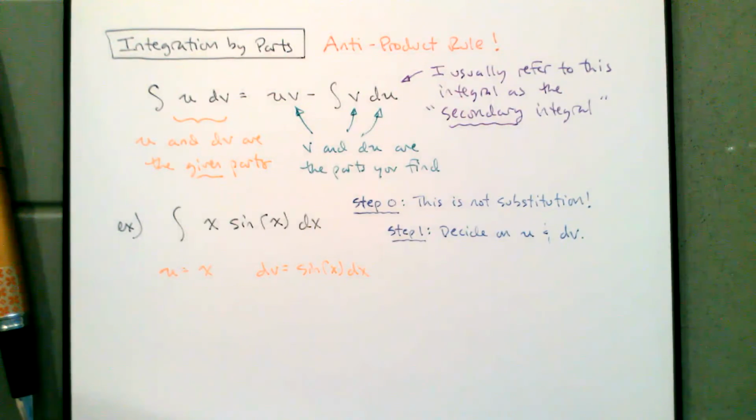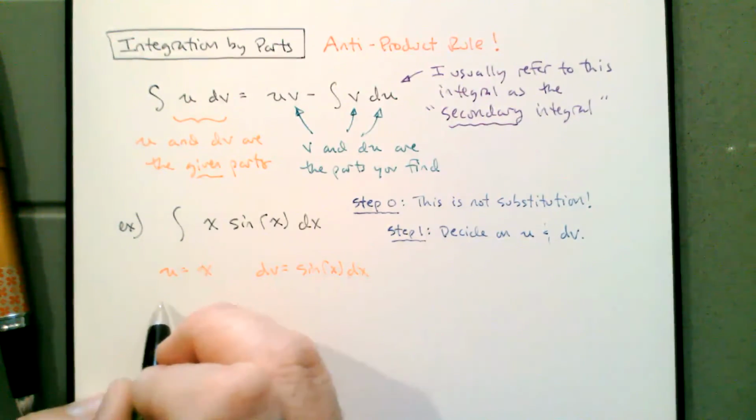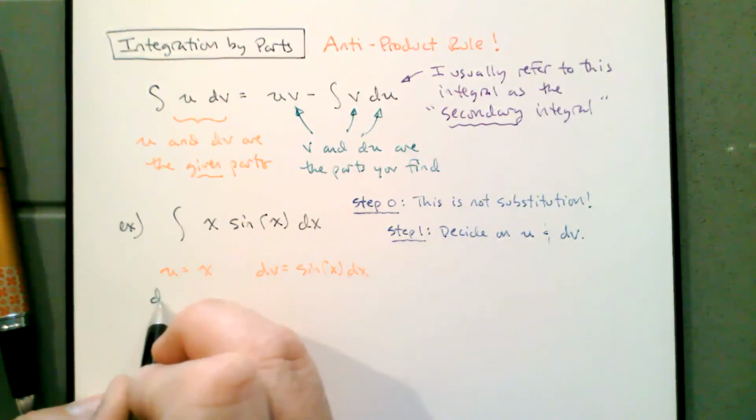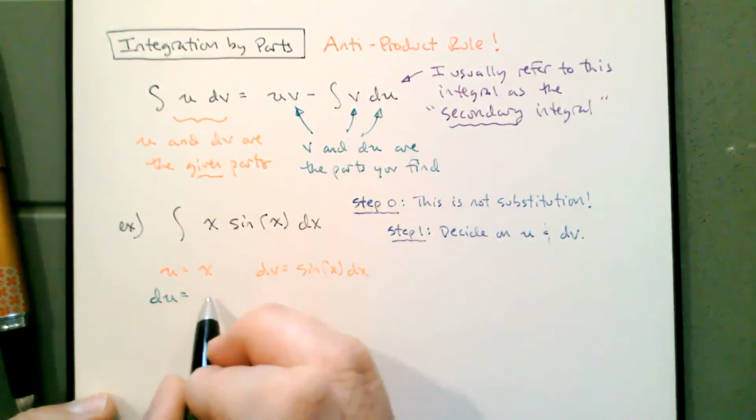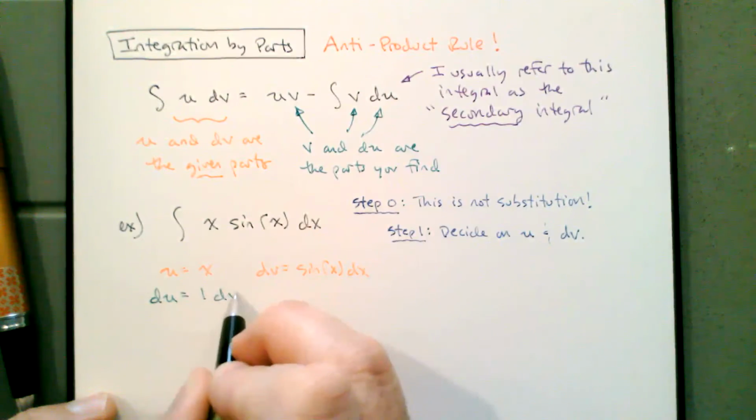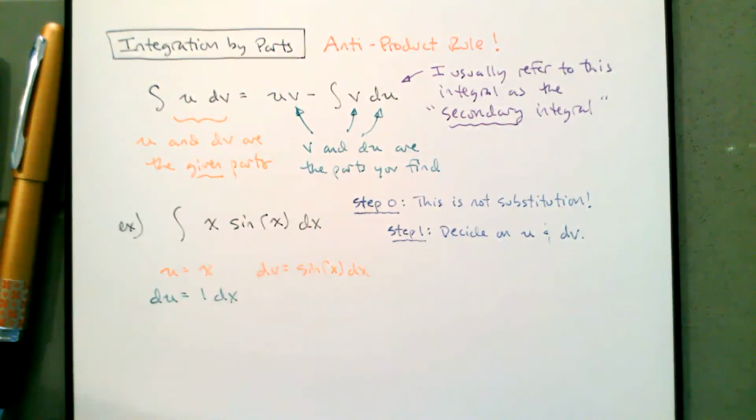Next, we need to find our found parts, the v and the du. So to find du, just take the derivative of u. The derivative of x is 1 dx. So du is just dx. We differentiate u to find du. We also need to find v. Since we know what dv is, the derivative of v, we integrate to figure out v.